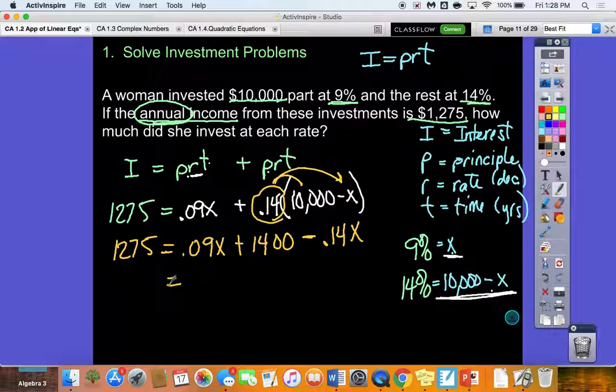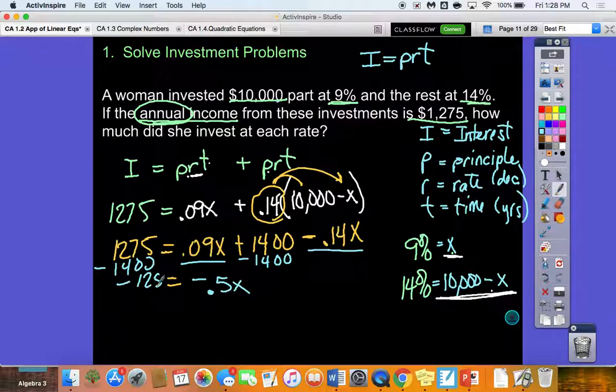All right, so just like any other equation, I'm going to get my like terms together. So whenever I put this term and this term together, that would be a negative 0.05x. And I'm just going to move this at the same time because y'all are big girls and boys, y'all should be able to follow this. If I subtract that out, I'm going to have 1,400 minus 1275 is a negative 125.